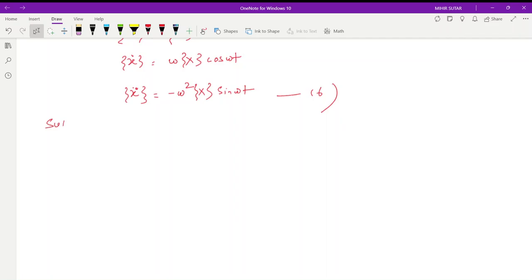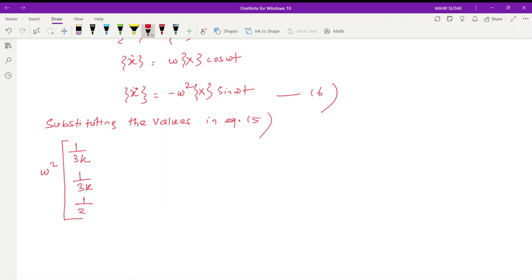Now substituting the values in equation 5, we have omega square times the A matrix: 1 by 3k, 1 by 3k, 1 by 3k, here also 1 by 3k, then 4 by 3k, 4 by 3k, 1 by 3k, then 4 by 3k, 7 by 3k.